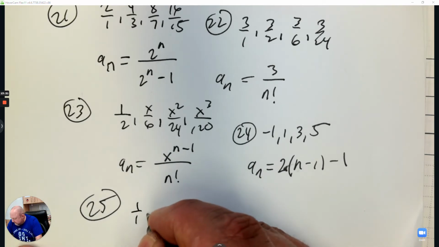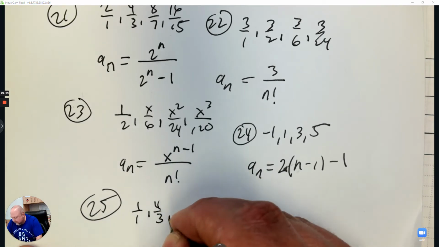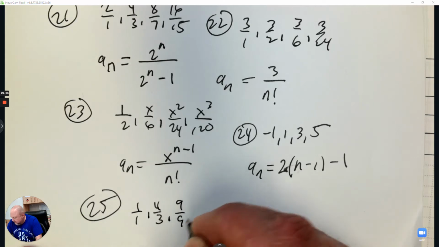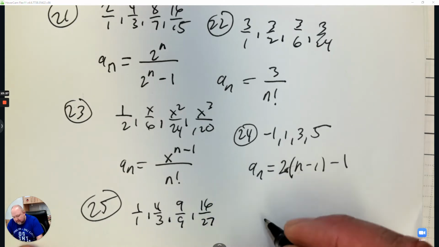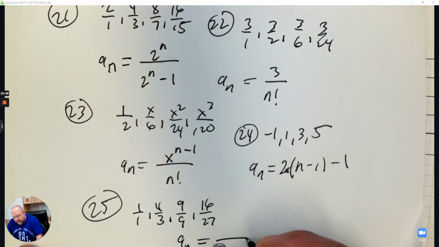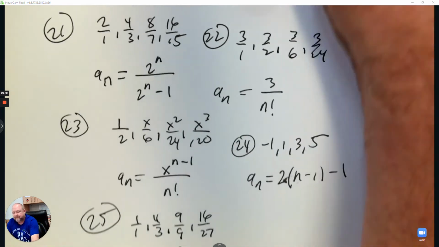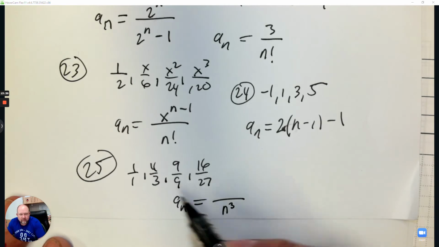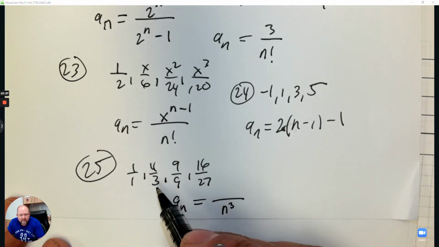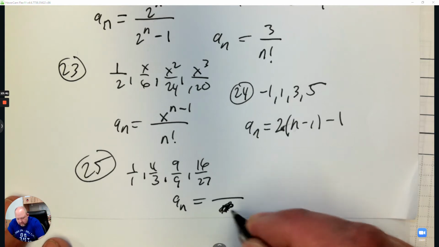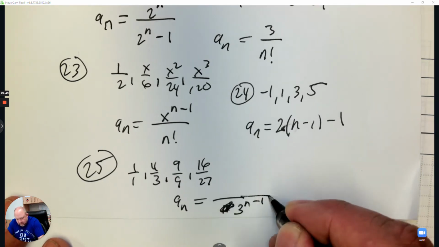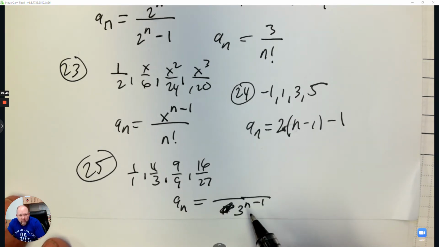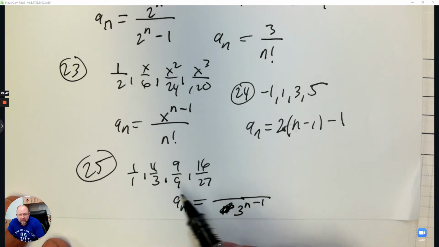1 over 1, 4 over 3, 9 over 9, 16 over 27. So if I look at the denominator, I see powers of 3. So when I plug in 1, it is 3 to the n minus 1. So if I plugged in 1, it's 0, and 3 to the 0 is 1.